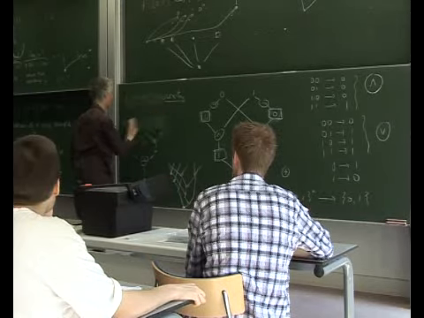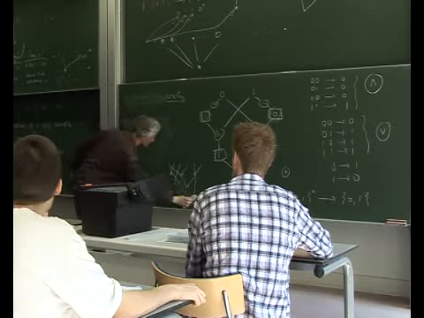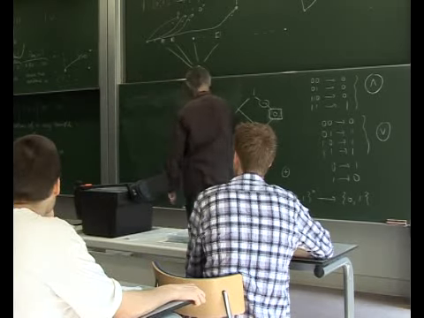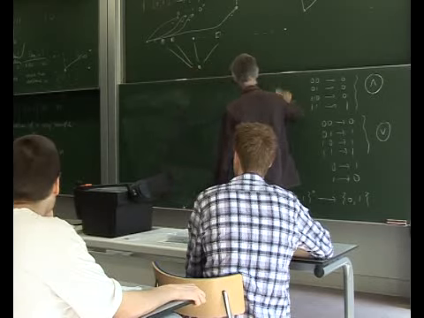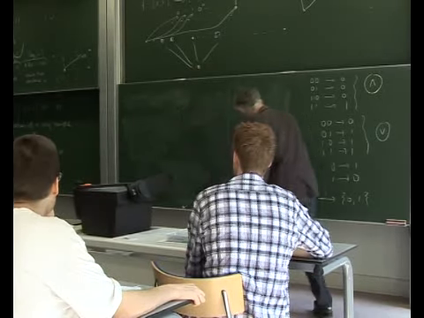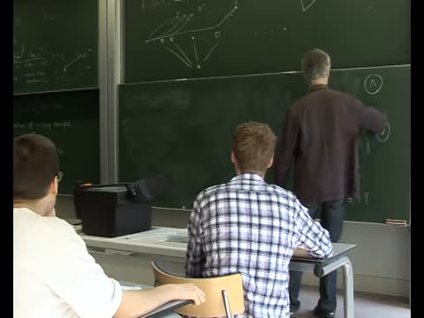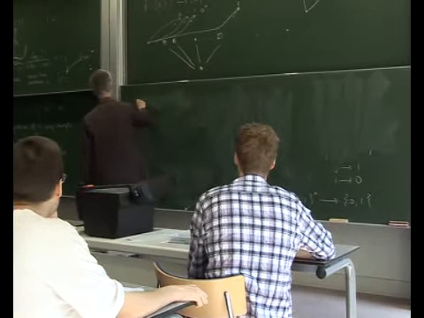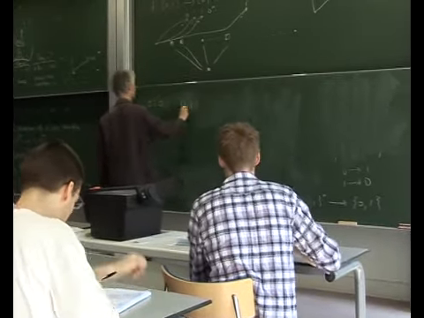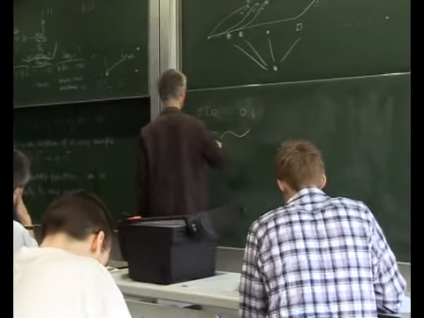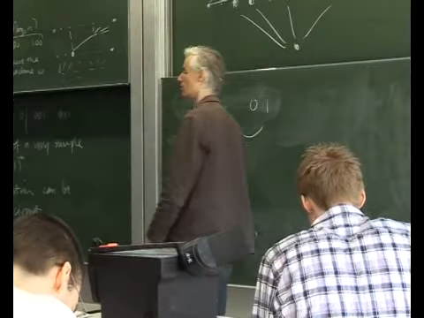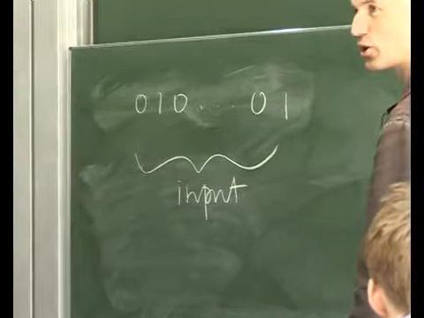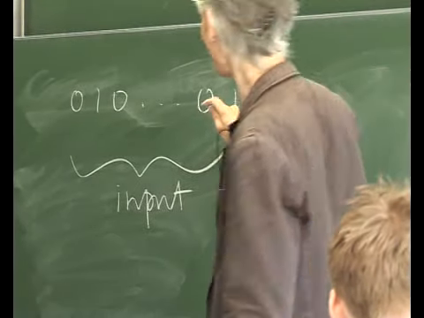I'm going to discuss something that in the literature is sometimes called the straight line model of computation, which is actually, unless I've misunderstood something, completely equivalent to the circuit model of computation. So for the straight line model of computation, what I do is this. I take a bunch of bits, that's the input, and then I create some more bits along a straight line. And how do I do that?